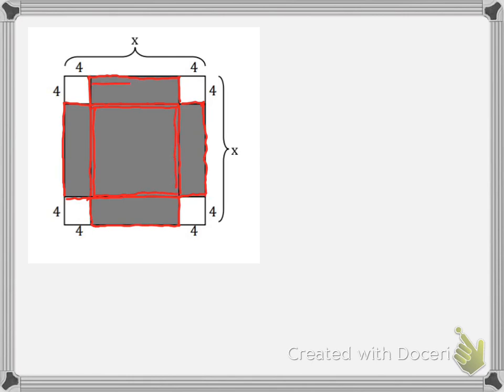And that would give me, so if I did that one, plus that one, plus that one, plus that one, plus that one, that would give me the total area of the shaded region. You guys agree?